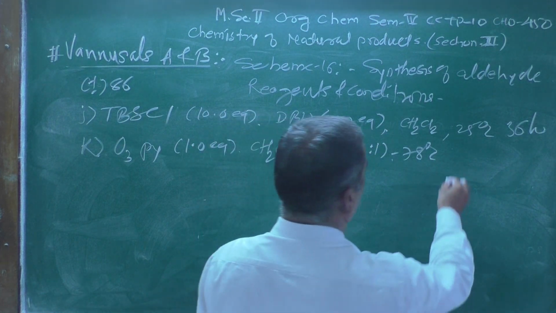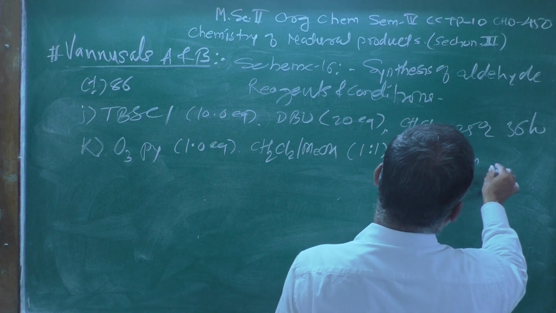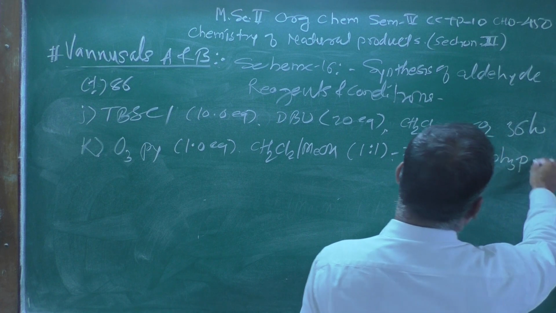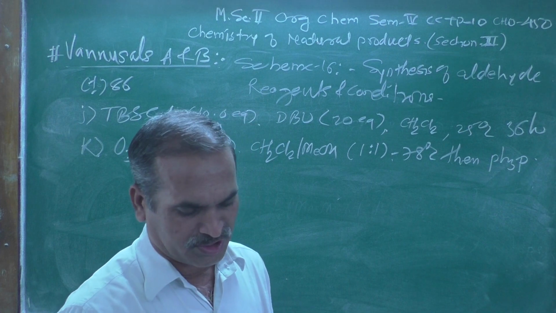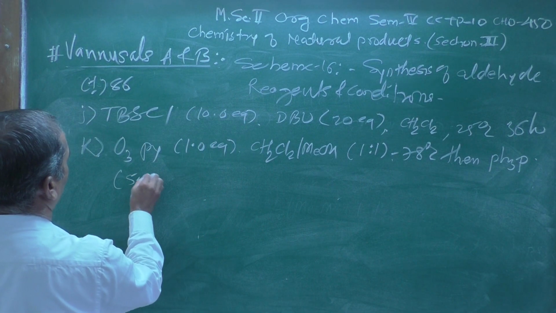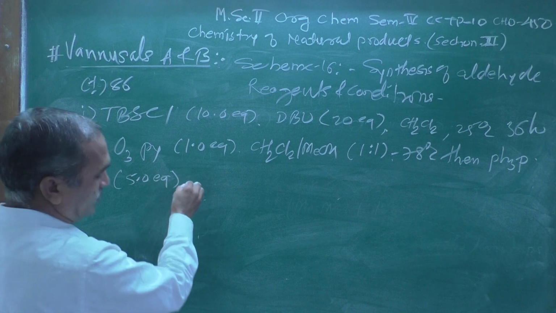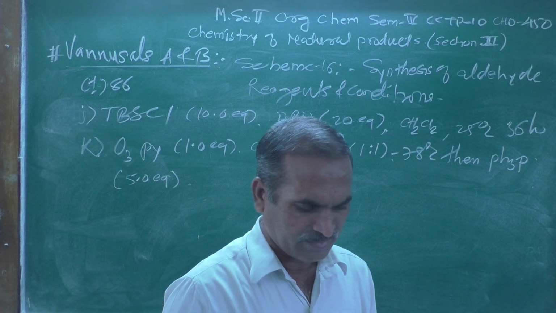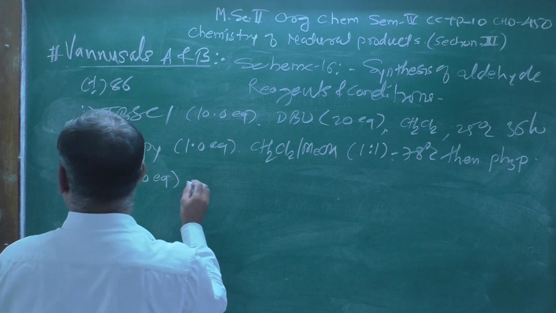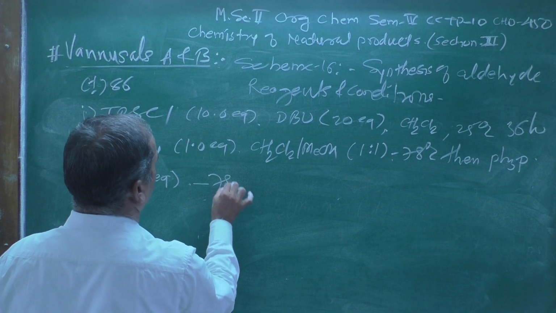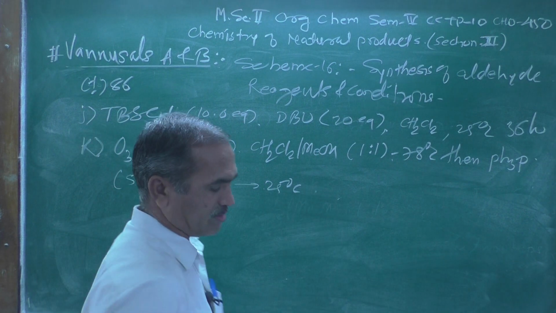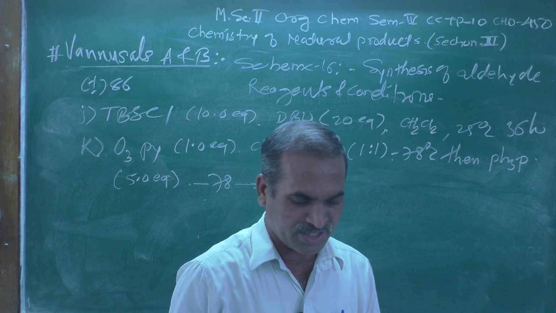Then PPh3, triphenylphosphine, was added drop by drop, taken at around 5.0 equivalent, and the temperature of the reaction mixture was changed from minus 78 degrees centigrade to room temperature, 25 degrees centigrade.